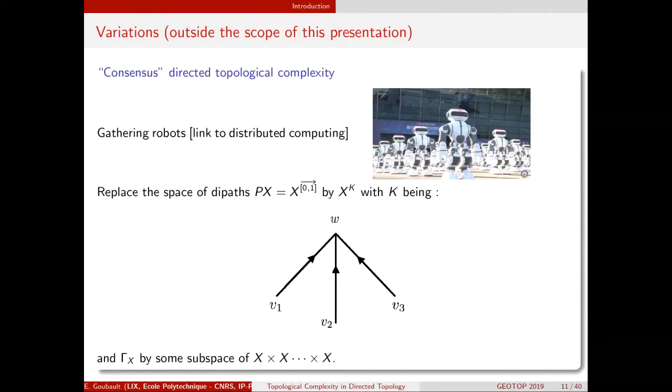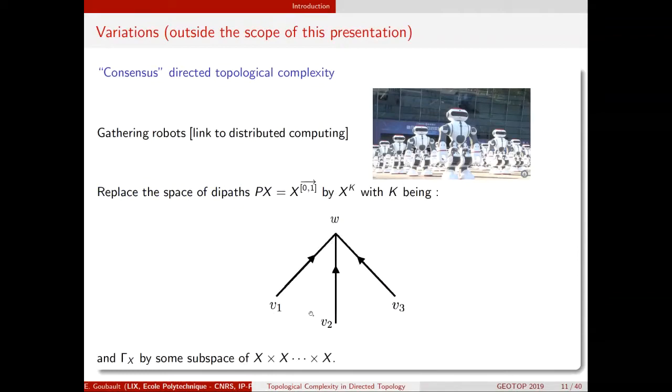You can be interested in swarms of robots, distributed systems of robots, and you might want to see whether it's complicated to make them gather to a unique point. In that case, you want to replace Px by some other exponential of two topological spaces, let's say. So you want to replace it by x power k, k being some sort of confluence of many different directed arrows.